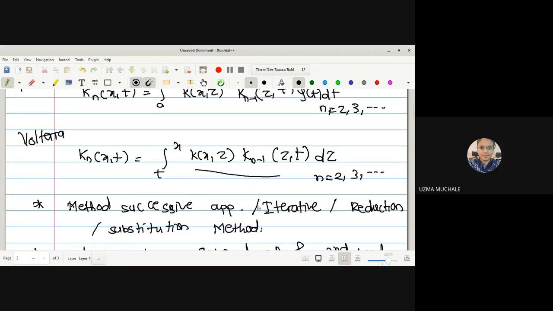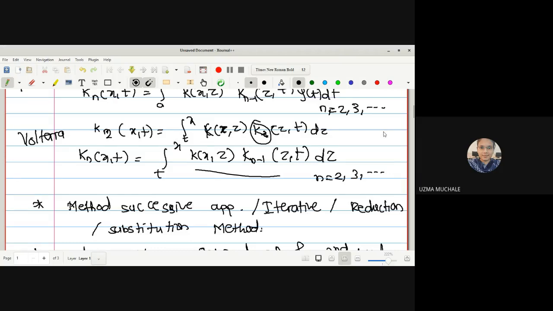Now, if I put n equal to 2, then k2 of xt will be equal to integration t to x k of xz k1 of zt dz. As I told you, in this iterated formula k1 is nothing but your given kernel. So this I can write simply like this.